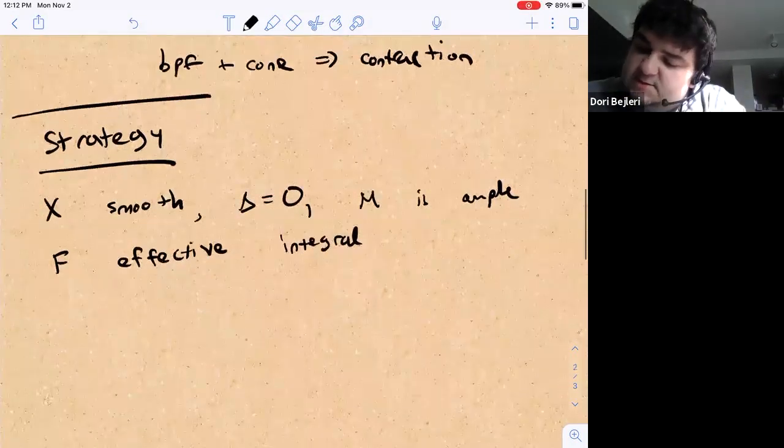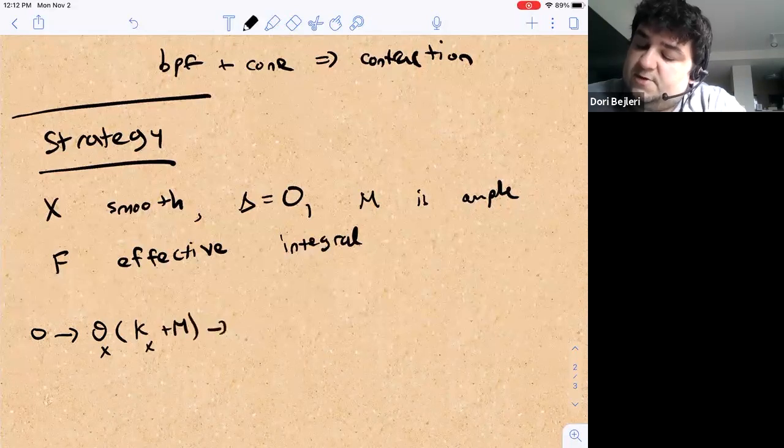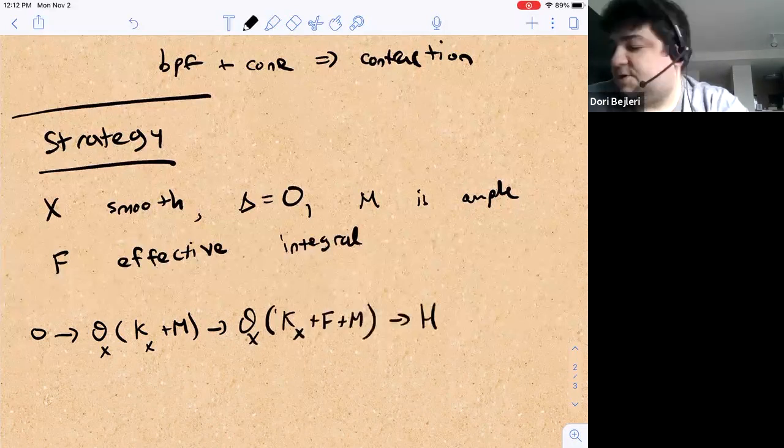Then we can look at the exact sequence: 0 to O_X, to KX plus M, then we twist up by F, and then we restrict.